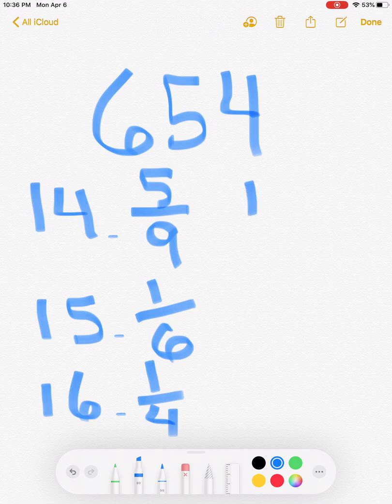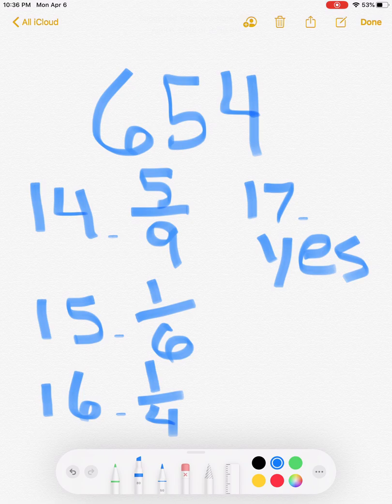Number 17 is yes. Number 18 is a short answer. Why are equivalent fractions needed when subtracting unlike fractions? Because then they represent the same sized parts.